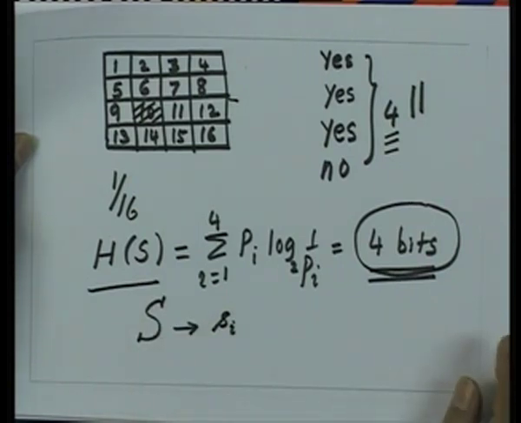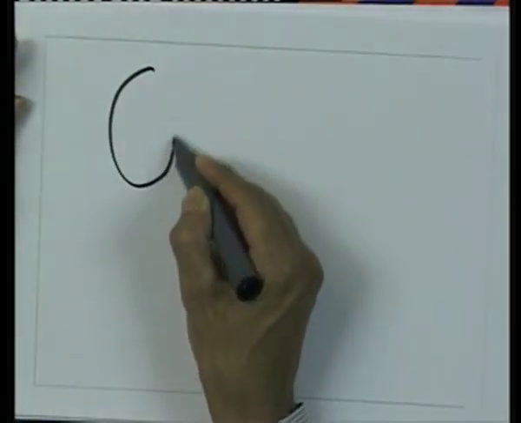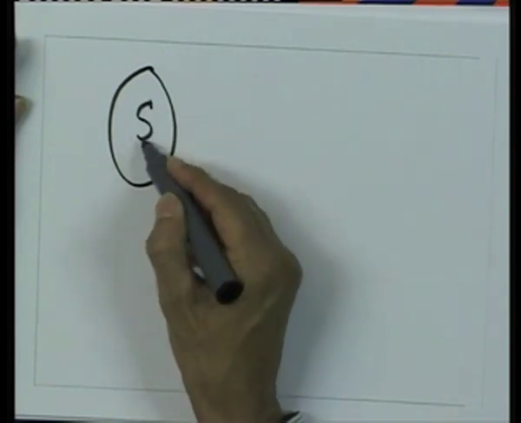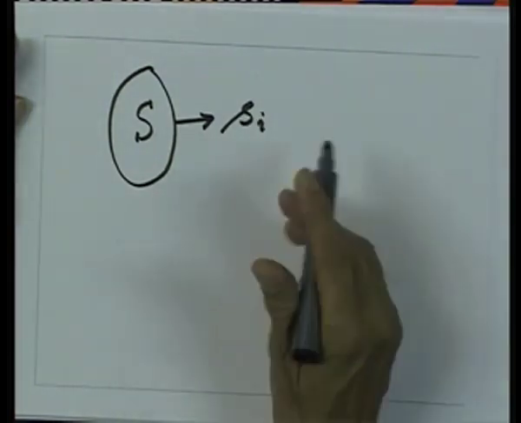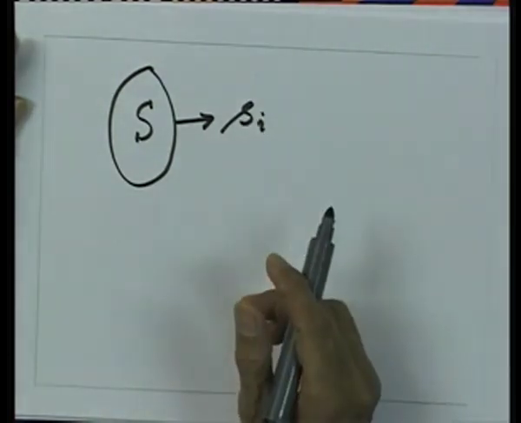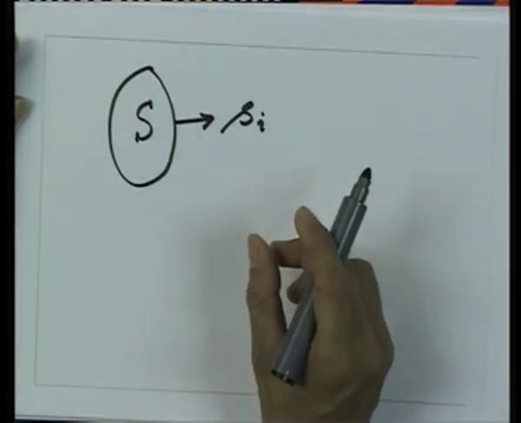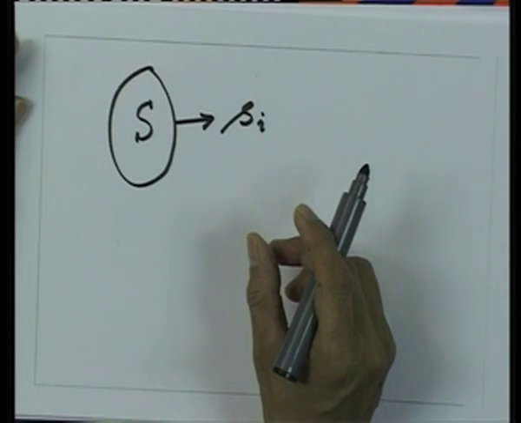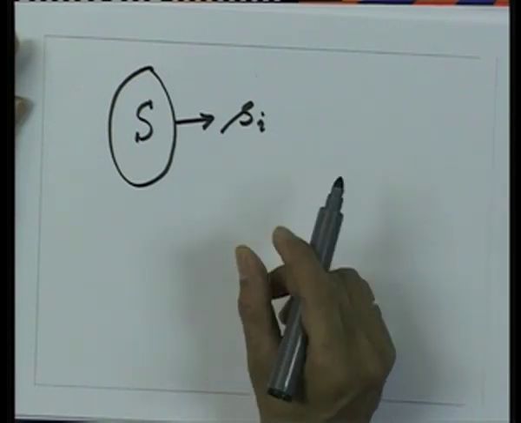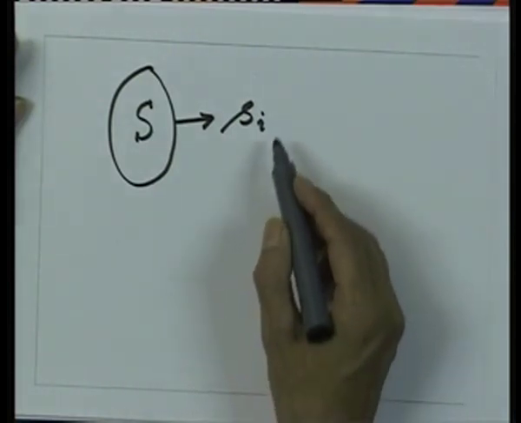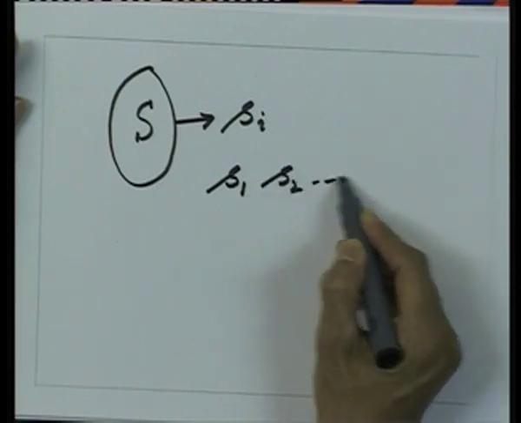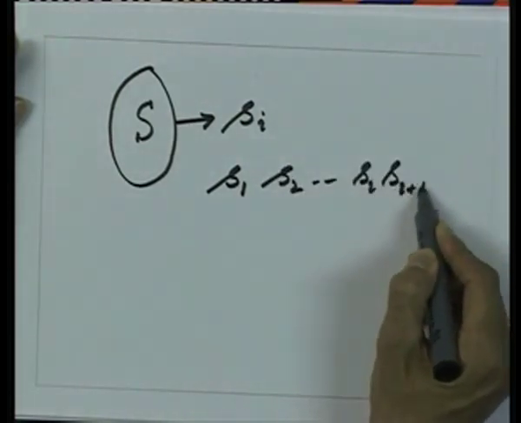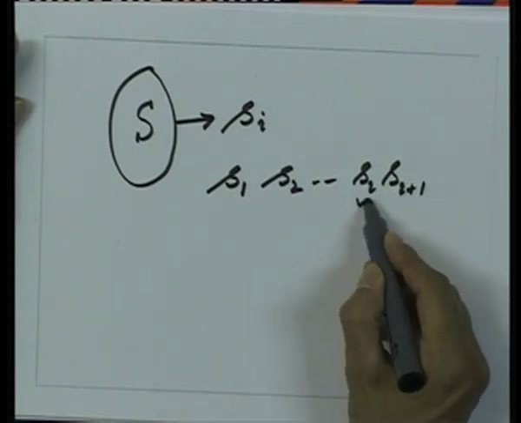The question that comes to my mind is: assume that I have a source S and it emits symbol S_i. Instead of considering this symbol S_i individually, if I start blocking these symbols in some length, let me assume in the length of 2, that means when I have S1, S2, S_i, S_{i+1}, I start blocking them in terms of 2, so I get like this.